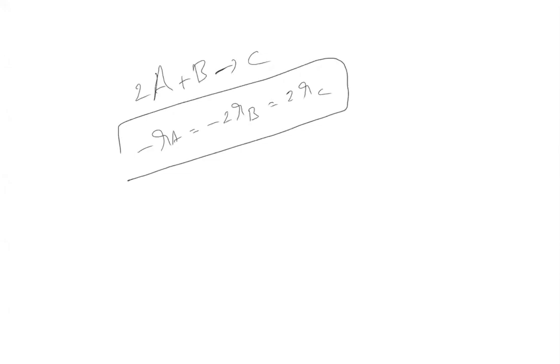For A plus B gives C, how do you write it? Minus RA equal to minus 2 into RB, which is equal to 2 into RC. That is, minus RA by 2 equal to minus RB by 1. Something like that equation.